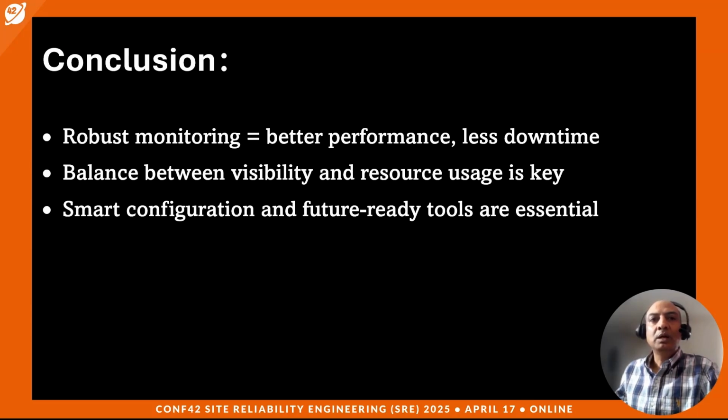Imagine being alerted not because of a CPU spike, but because the system learned that a specific pattern of memory and disk behavior typically precedes a failure. That is the power of predictive monitoring.